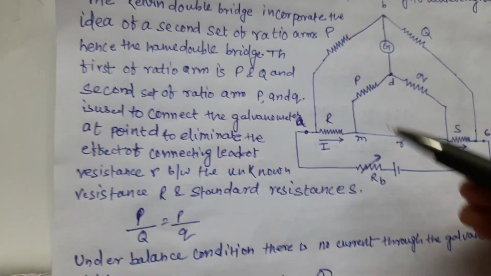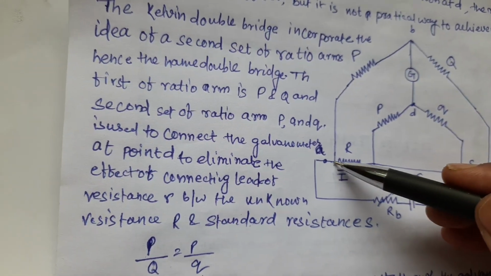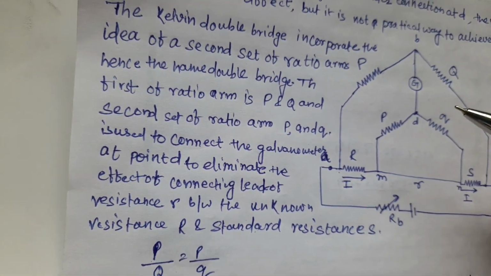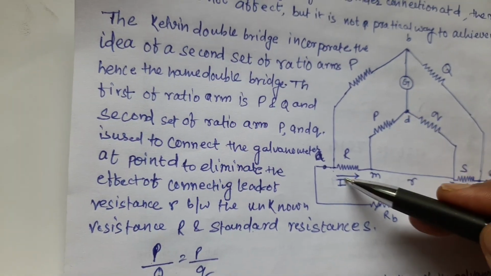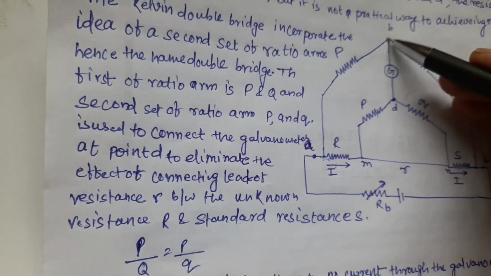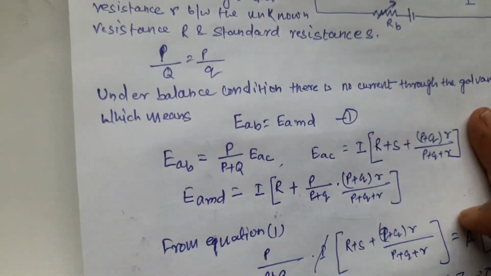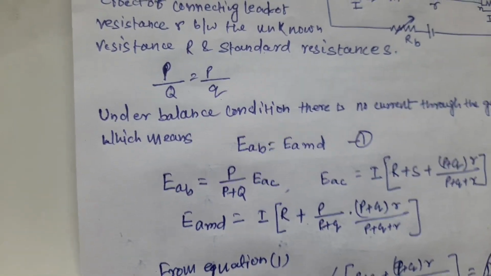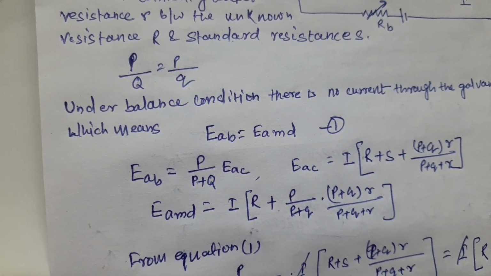That means the voltage across A to B is equal to the voltage drop across AMD, so EAB is equal to EMD.